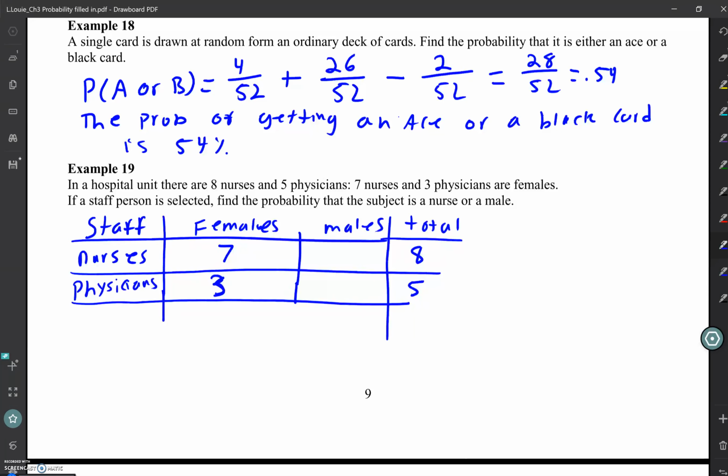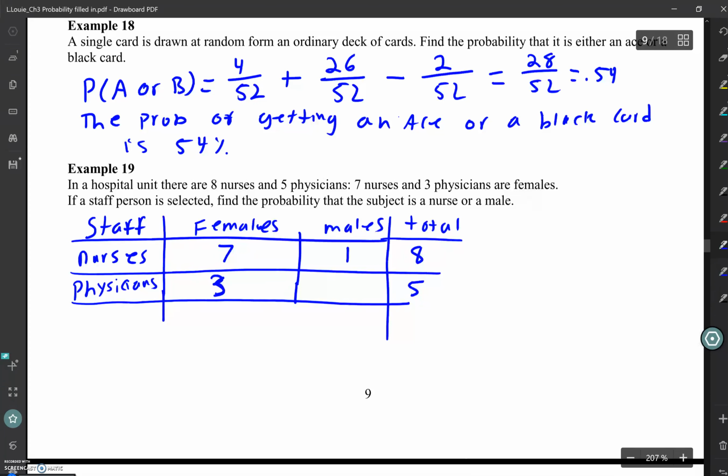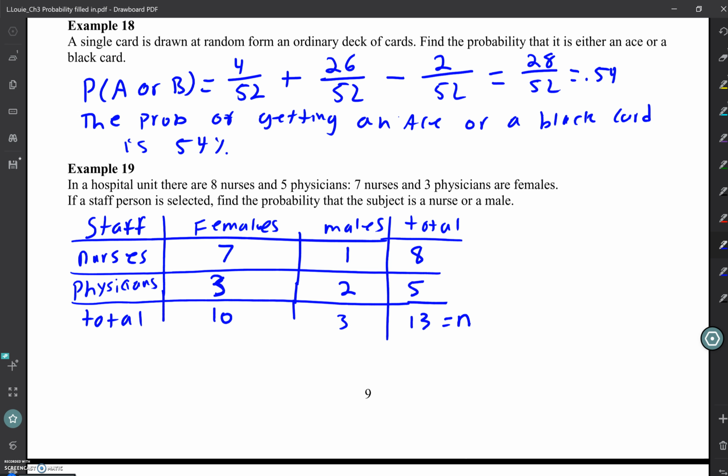Now, do I know how many of the nurses are males? And how many of the physicians are males? And then I'm going to create a total column down here as well and say I have a total of 10 females and 3 males. And all together, we have 13. So the total for all the sample goes in this bottom space. If we want to call it our N, that's our overall sample size. And it just kind of helps me see the groups that I've got here as far as this data is concerned.